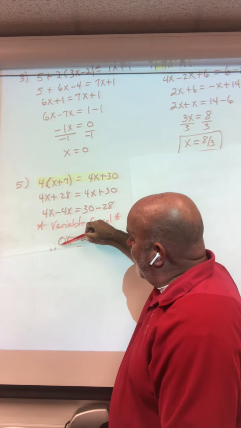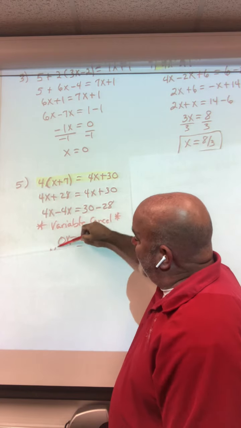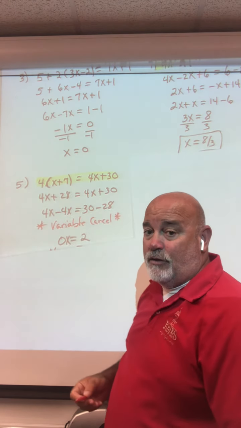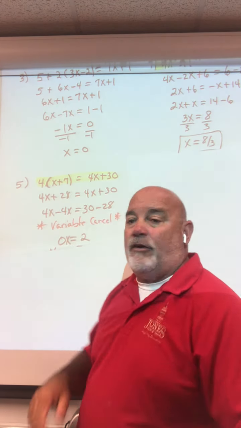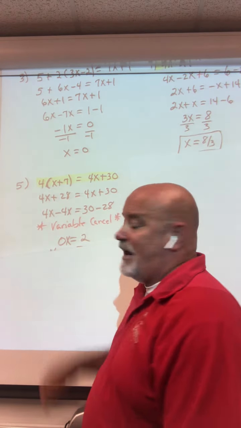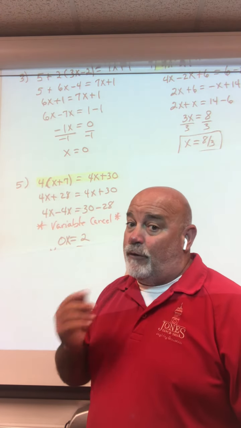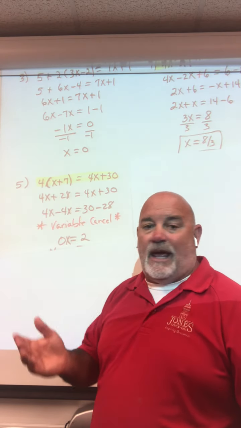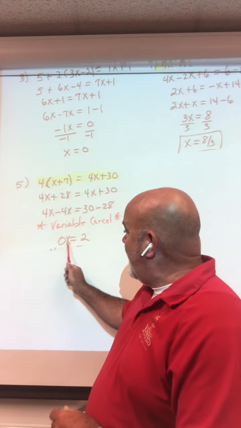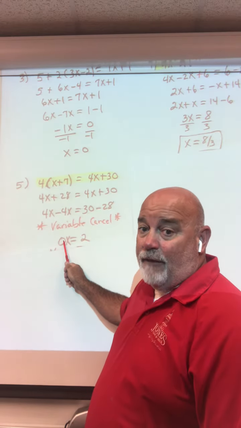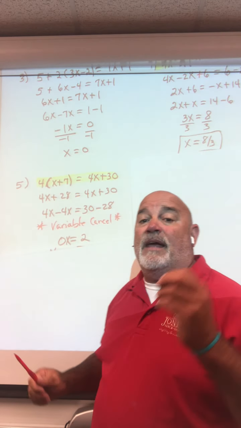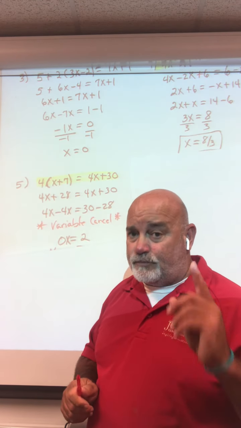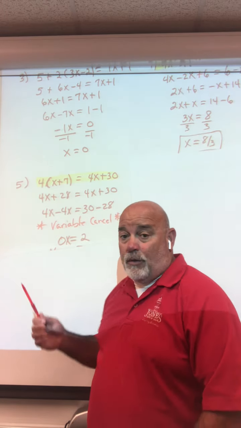So in this problem right here, if you divide both sides by 0, you can't do that. If you don't believe me, take your calculator and take 2 divided by 0. You will see that your calculator will give you an error. It can't compute that. That's why this number right here, if it's ever 0, it means something special. Okay, so you may want to write this down.